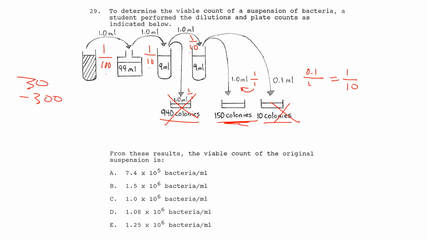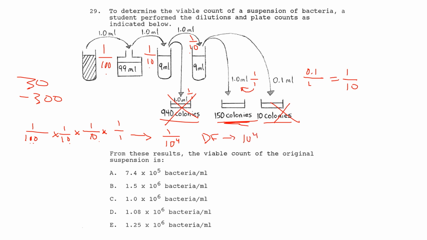So let's just do the math. Our dilution is 1 over 100 times 1 over 10 times 1 over 10. And you plated 1 mil, so that's just 1 over 1. It counts as zeros, 1, 2, 3, 4, so our dilution was 1 over 10 to the 4th. That means our dilution factor, which is the inverse, is 10 to the 4th.